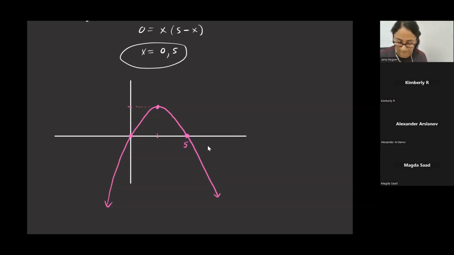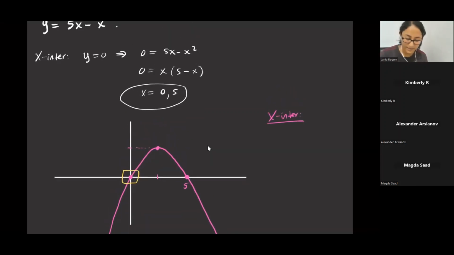Okay, so can you tell me what the x-intercepts and y-intercepts are? This is one of the x-intercepts. In fact, we actually computed that right here. The x-intercept will be 0, 0. That's the first one I boxed. And the other is 5, 0.